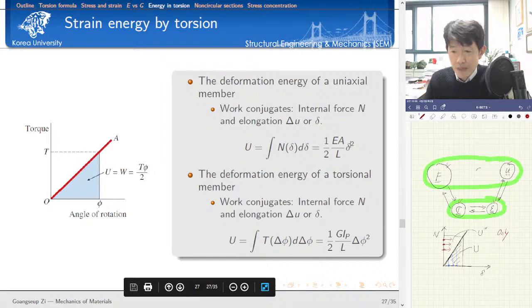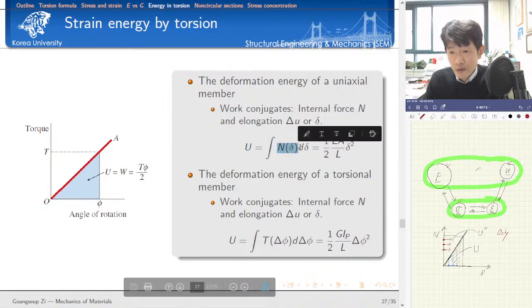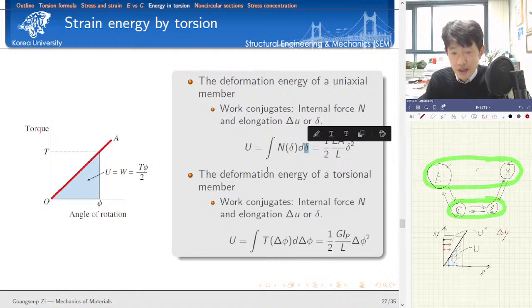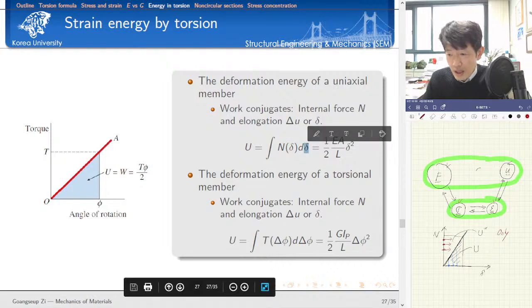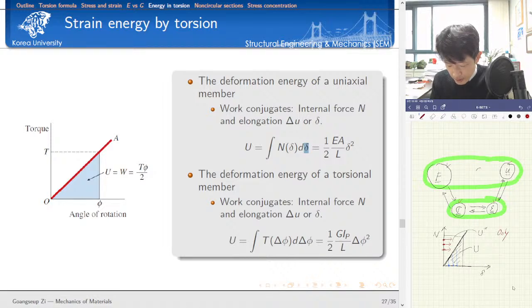Please look at my lecture note. To calculate deformation energy, we need to integrate the internal force over the elongation, okay? Only in linear elasticity, the load displacement relation is a straight line, the area under this curve is equal to the area above this curve.